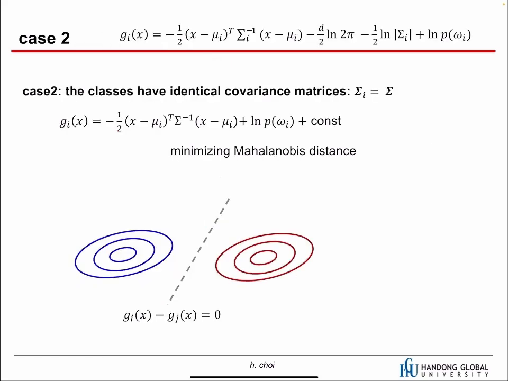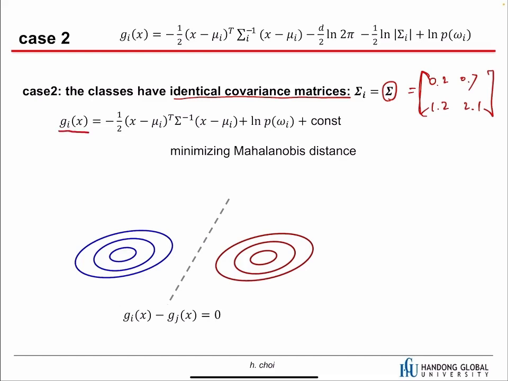In this case, the classes have identical covariance matrices. So this sigma could have some arbitrary numbers, something like 0.2, 0.7, 1.2, 2.1. Okay, so this is not a diagonal matrix. This one is just a normal matrix with arbitrary numbers, but we have the same covariance matrix for class 1 and class 2.